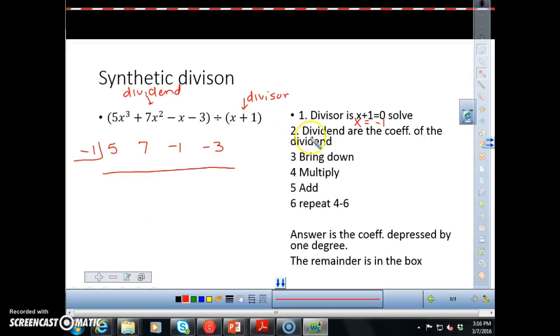We're going to bring down the first number. Then we're going to multiply. 5 times negative 1 is... Then we're going to add.